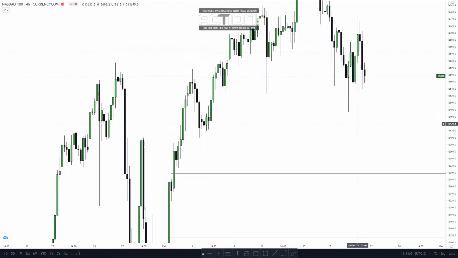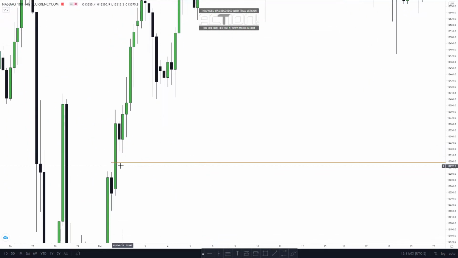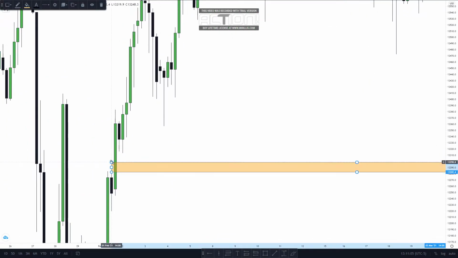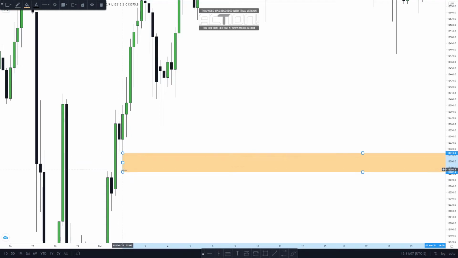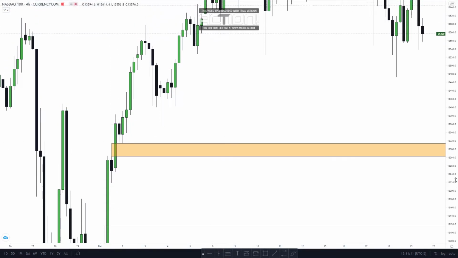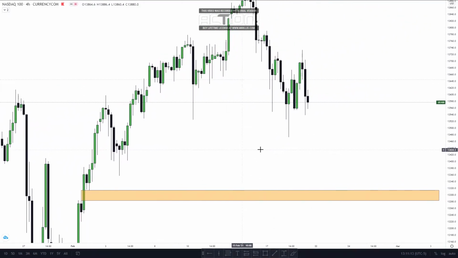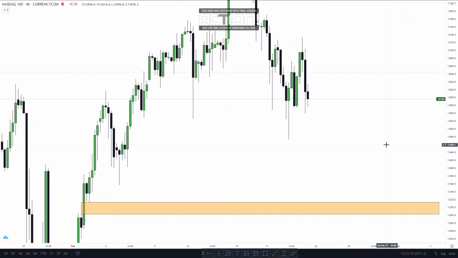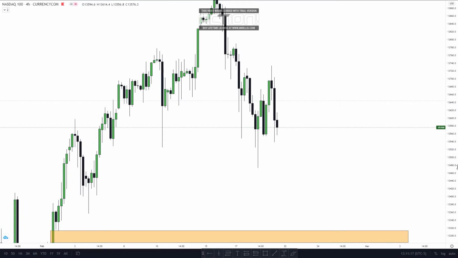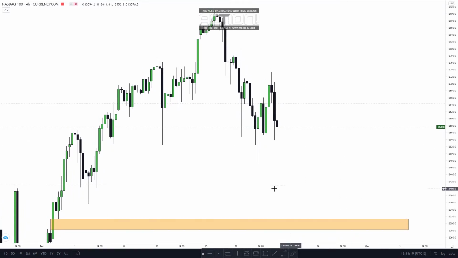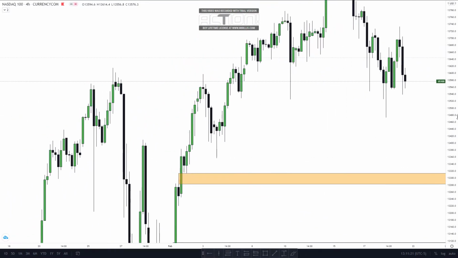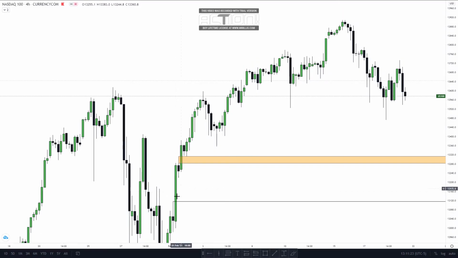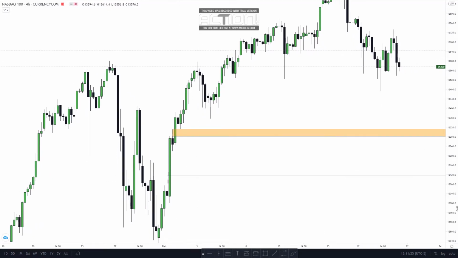Just make that neat and tidy. And yeah, let's just fix that zone. So from that high to that low, right there. Yep. So let's turn our focus to where we can sell.